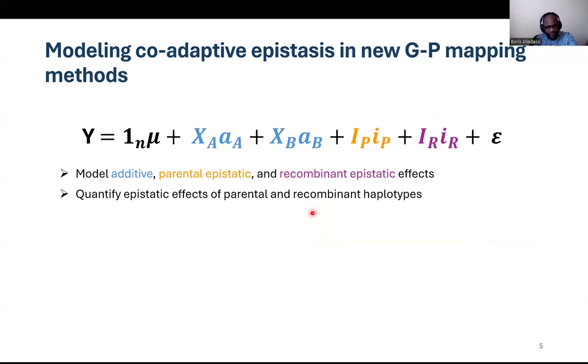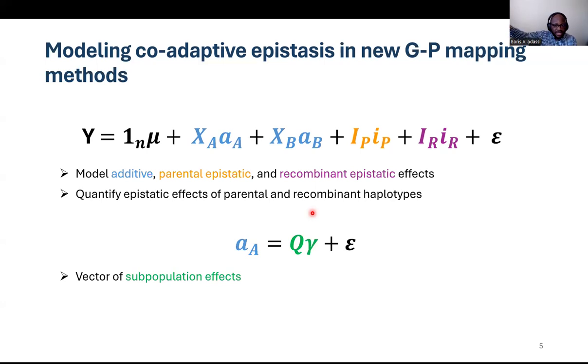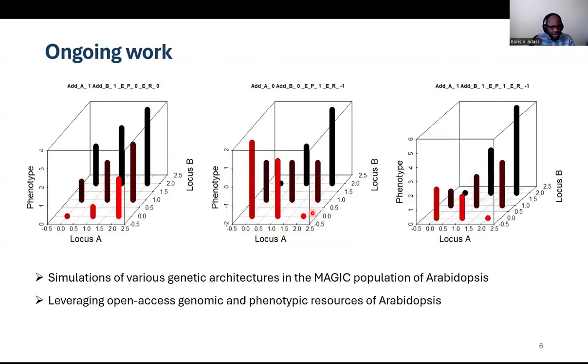And to go one step further, we are also regressing the additive effect of these loci on specific subpopulations. And that will help us to capture the specificity of each population and improve the genomic prediction across subpopulations. As ongoing work, we are currently simulating different genetic architecture scenarios.